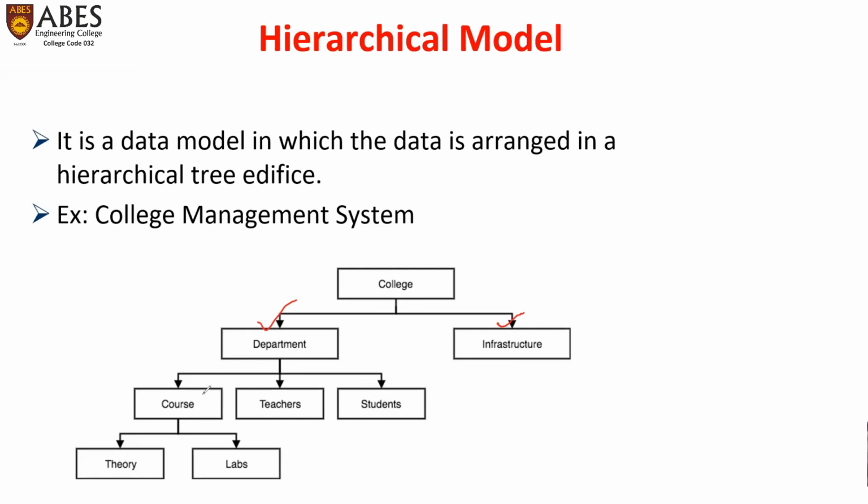Means department has courses, department has teachers, department has students. Now further you can divide course into theory and labs. So if you see this figure, then you can understand there is a college. This is called the root, and the rest of the records are called the children.